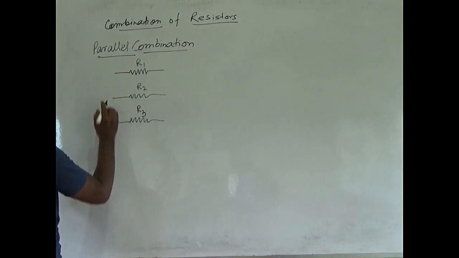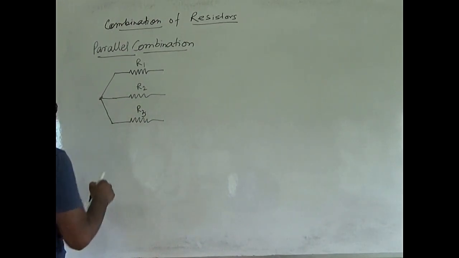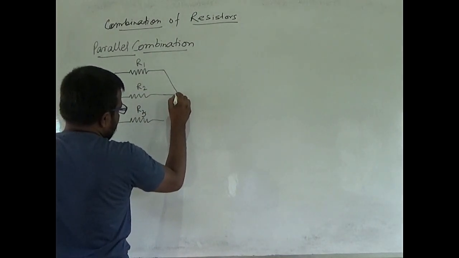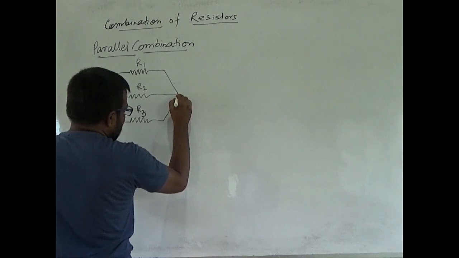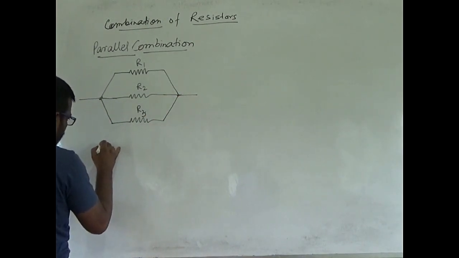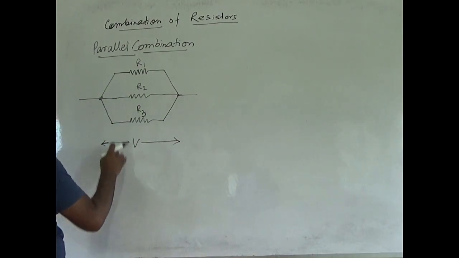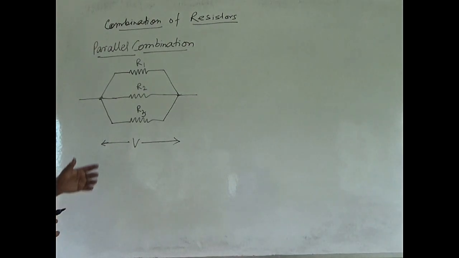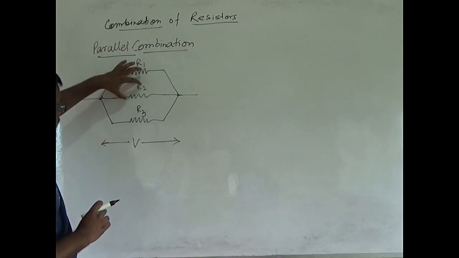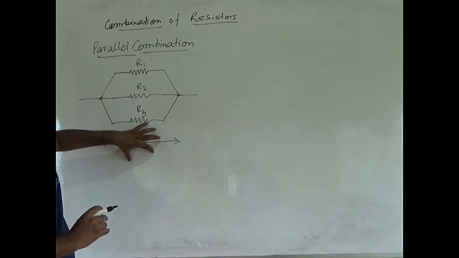First end of all the resistors is connected to a common point, and the second end of all the resistors is connected to another common point. If we apply potential V across the combination, then the potential difference across R1 is V, across R2 is V, and across R3 is V.